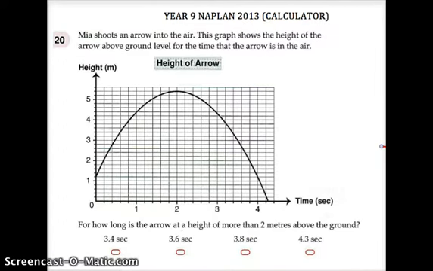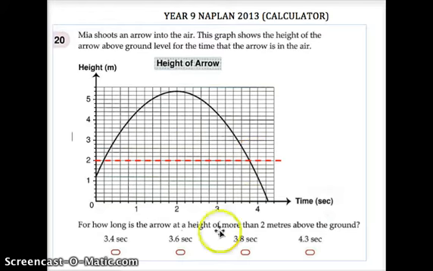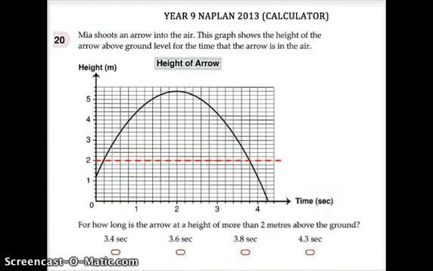Now, what you might want to do on your exam booklet is put a nice dotted line showing exactly where 2 meters above the ground is. And the question is, for how long is the arrow at a height of more than 2 meters above the ground? So I'm just going to put these green lines down here.